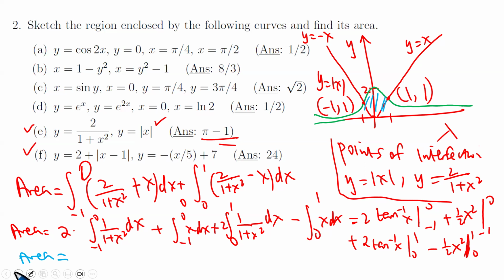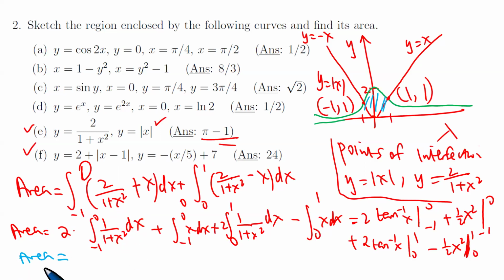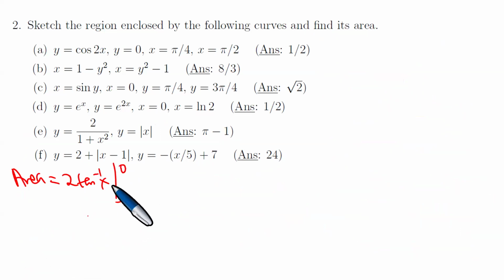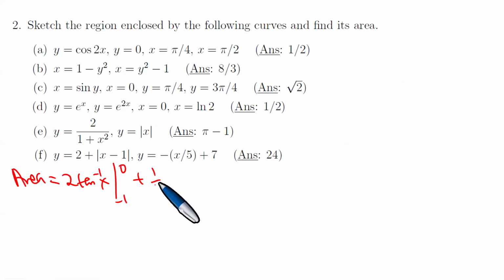So you have 2 arctan x from -1 to 0, and then we have 1/2 x squared from -1 to 0.